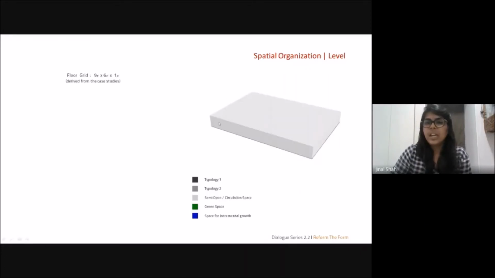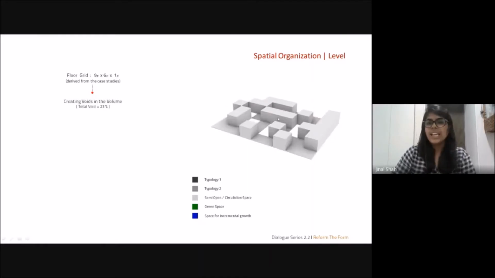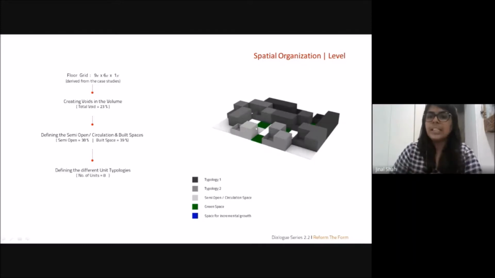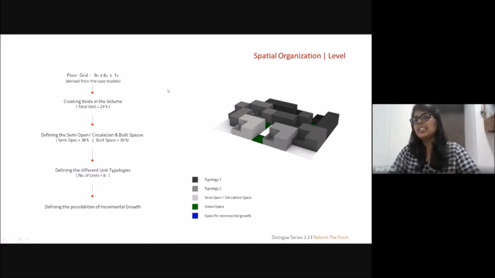For this, I took a grid of 9 by 6. Then certain voids were created. Then the built and the semi-open spaces were defined. Then these are the unit typologies, which, as I told you before, were designed.